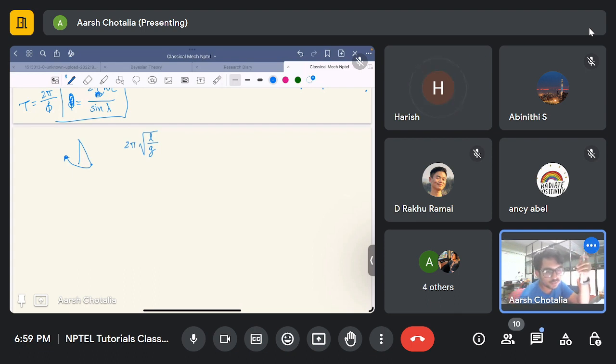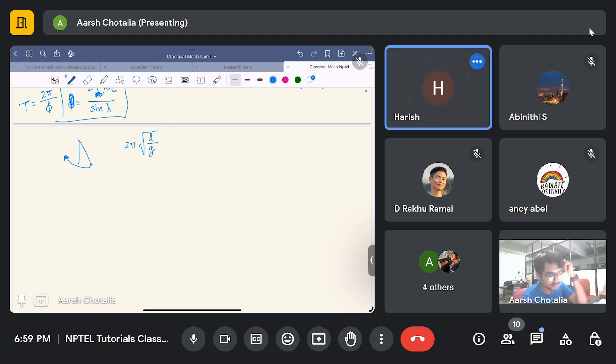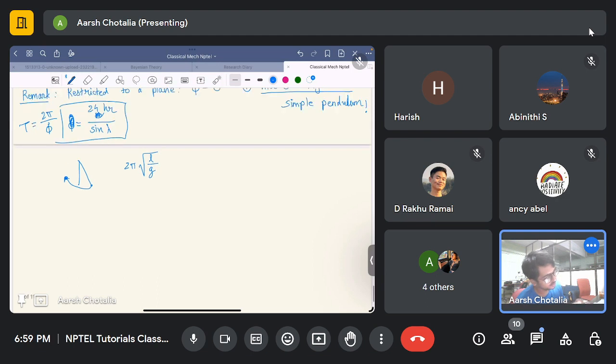And there are many oscillations around theta dot. So theta dot generally does not care about these phi oscillations. That stays the same.